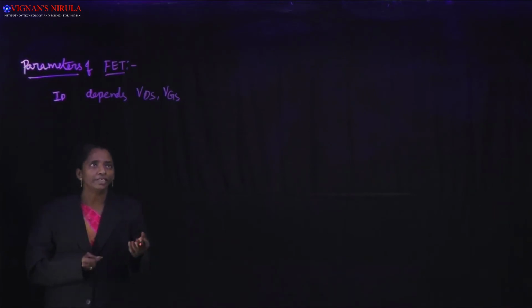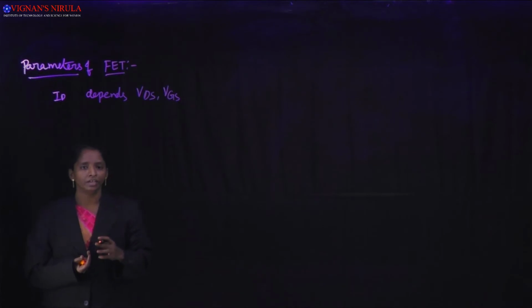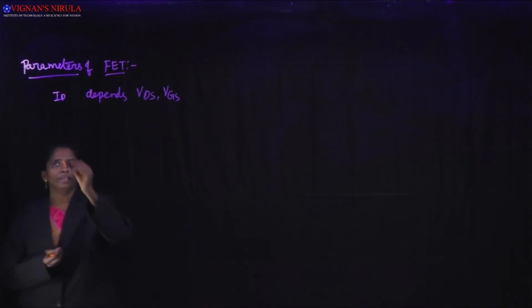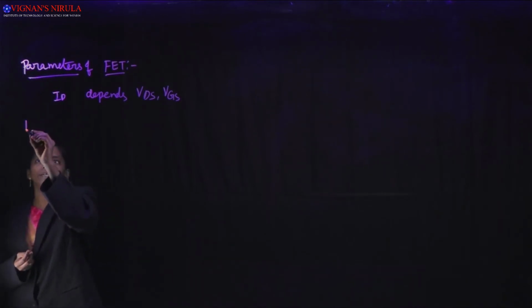If VGS is increasing or decreasing, the ID value also increases or decreases. So depending on VDS and VGS, the ID value is changing. Am I correct? Now we are going to derive some parameters about these two while keeping one constant. We have three factors. Let us discuss one by one.